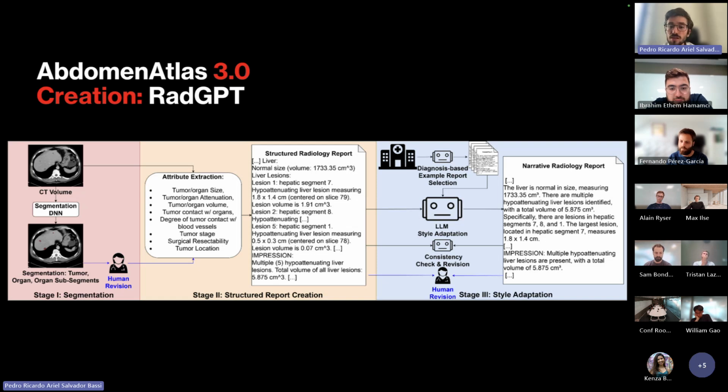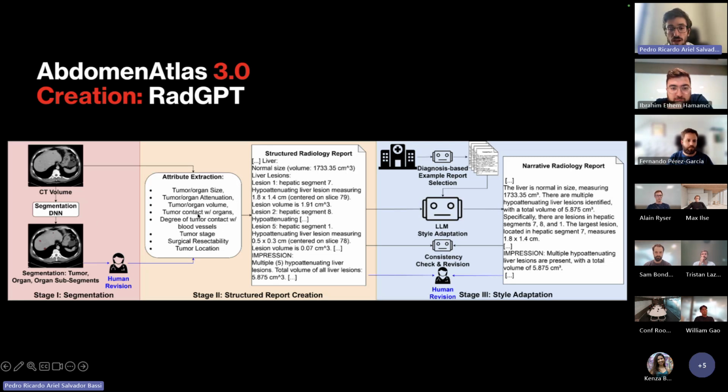So we created our structured radiology reports not with AI, but with deterministic algorithms. We have rule-based algorithms that read the segmentation masks, extract information from them, and write it into a template to create the structured radiology report.